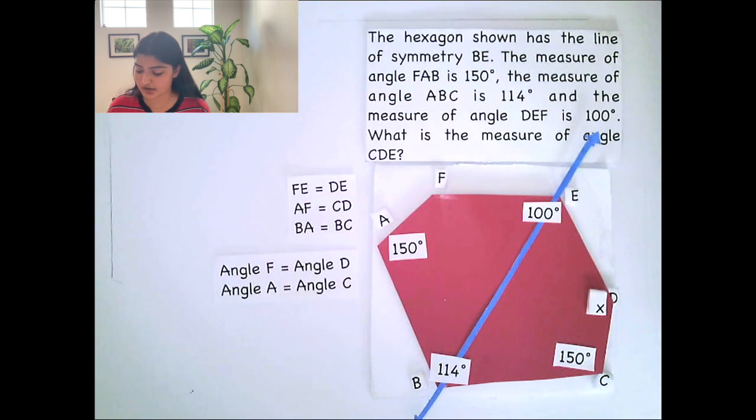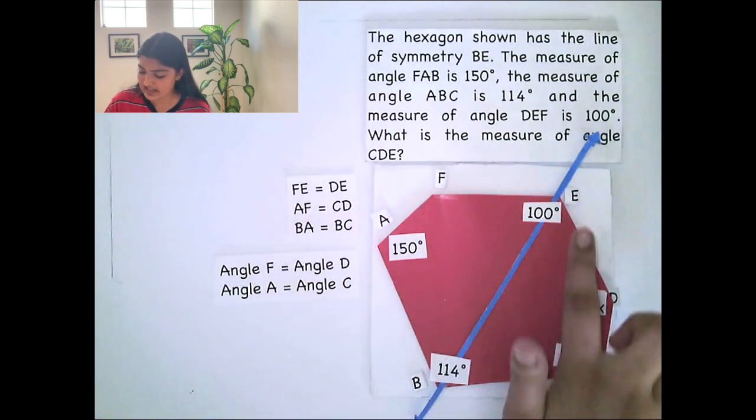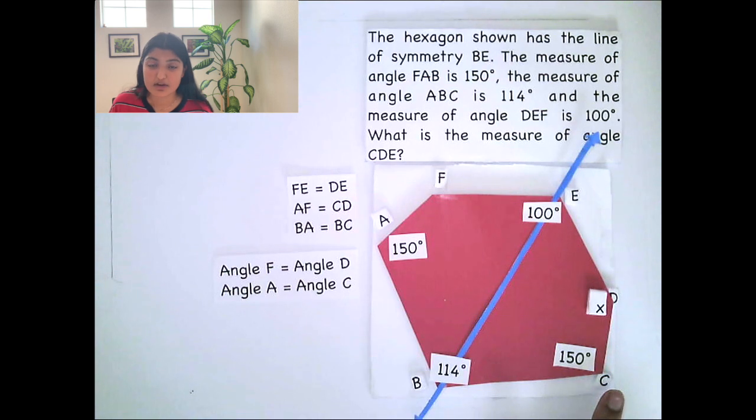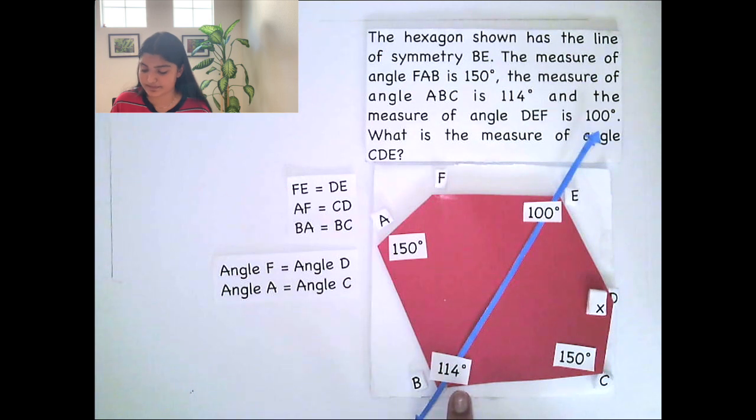Now, to find the measure of CDE, let's start by setting up an equation. As we know the measurement of angle C, we now need to find the measurements of angle DEB as well as EBC. We can use these angle measurements to create an equation that is equal to the sum of the interior angles of this quadrilateral, which we'll get to. So first, let's start with finding the measurement of angle DEB.